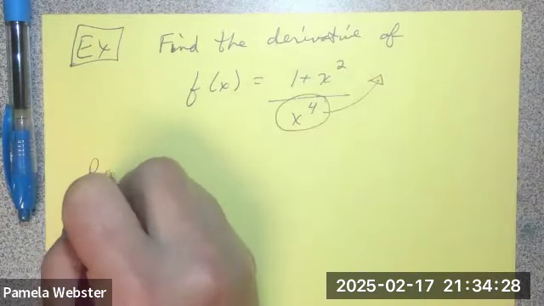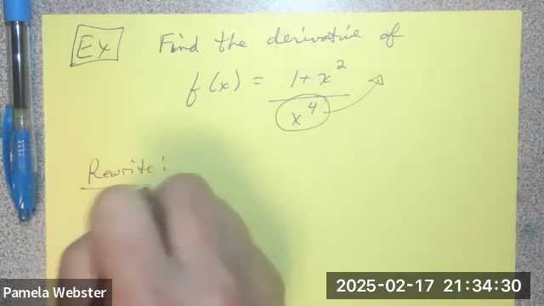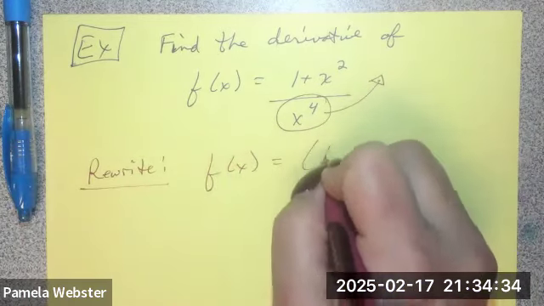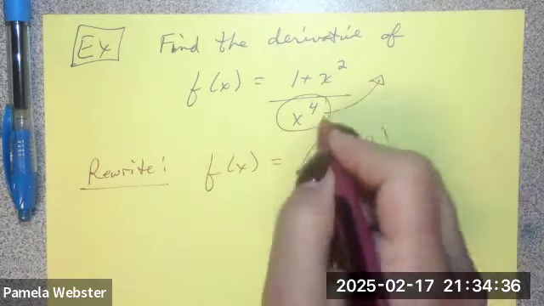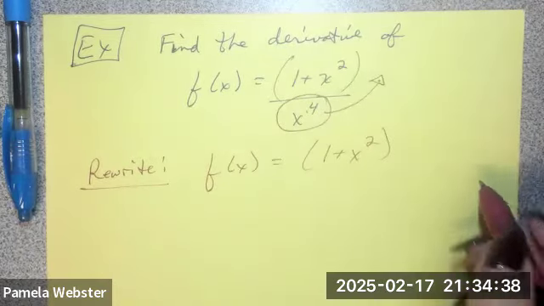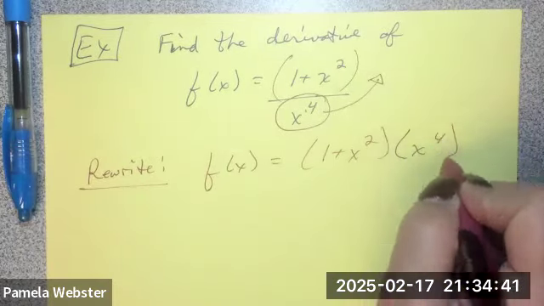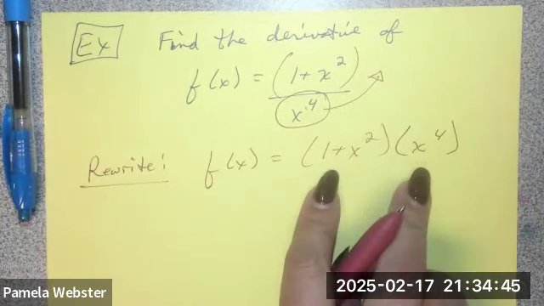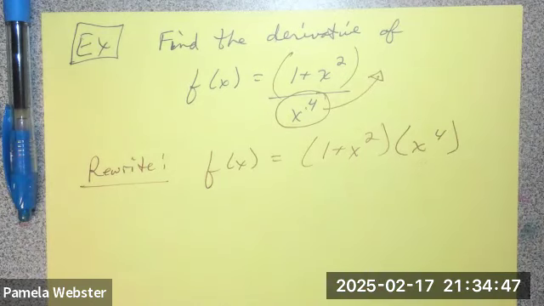So before I work this one, I'm going to rewrite it. F of x equals, and I'm just going to say 1 plus x squared because it's times the whole entire top, right? Times x to the fourth. Also, there's going to be a product rule later when we multiply things, but we still don't know that.